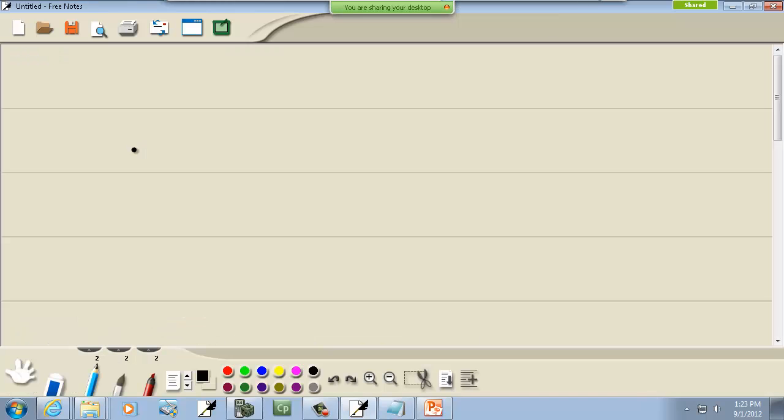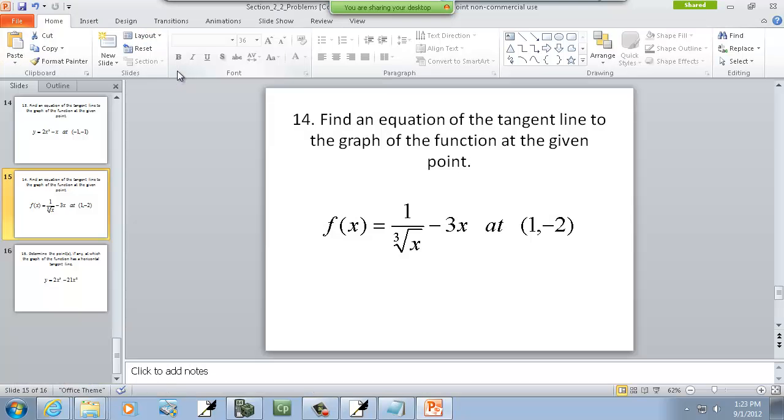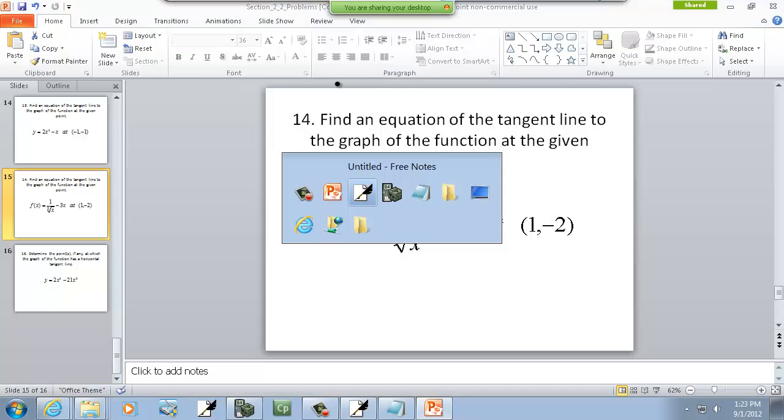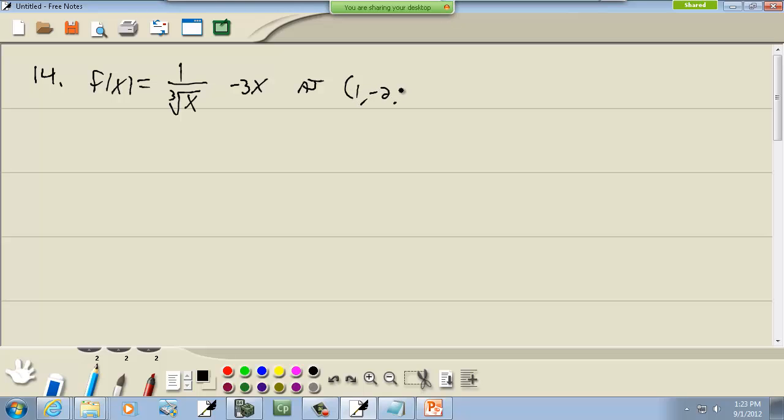Yes, it is. Okay. So we got f of x is equal to 1 over the cube root of x minus 3x at 1, -2. So, okay, we're going through the same steps.